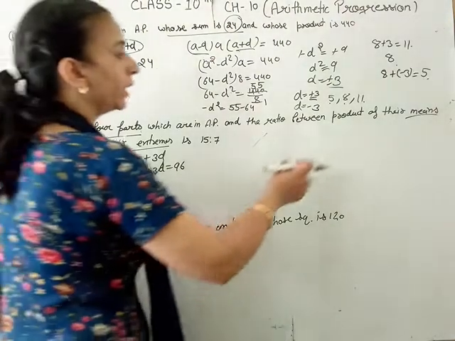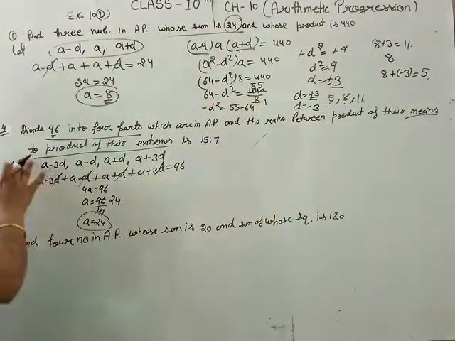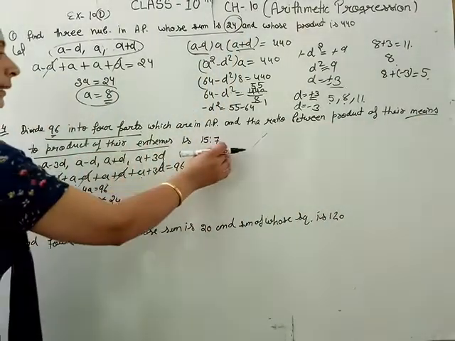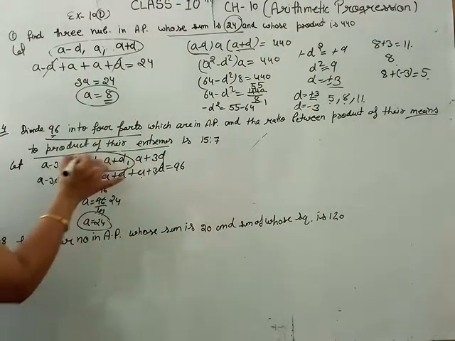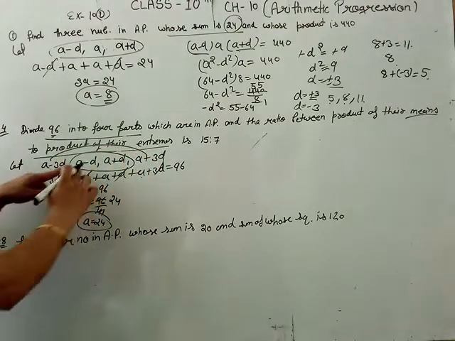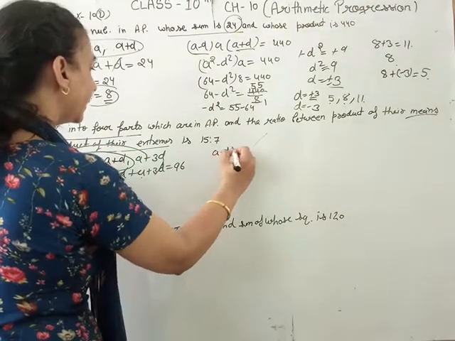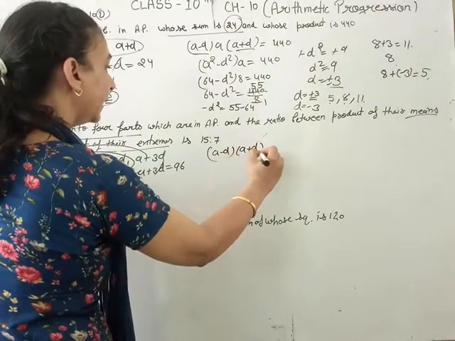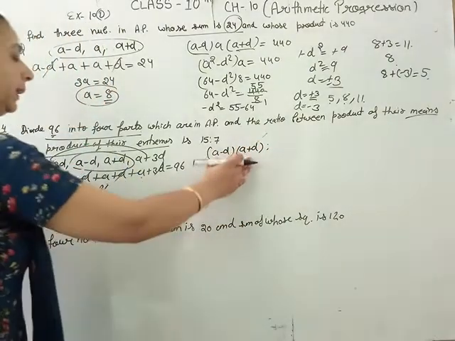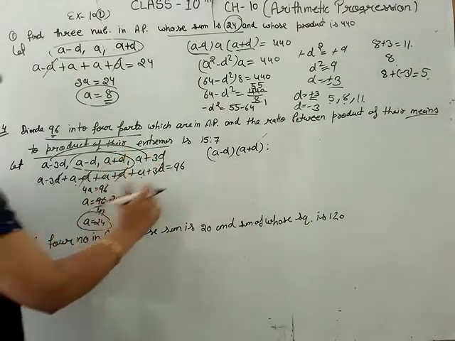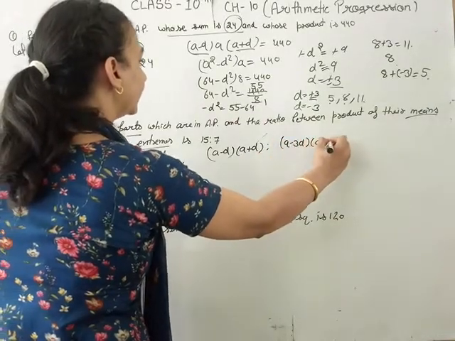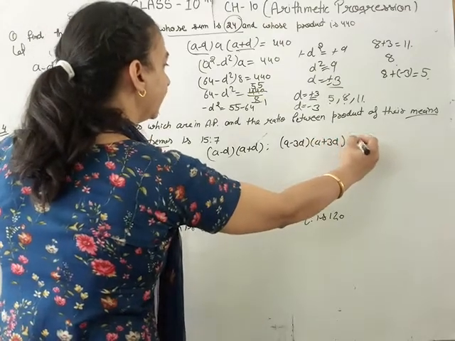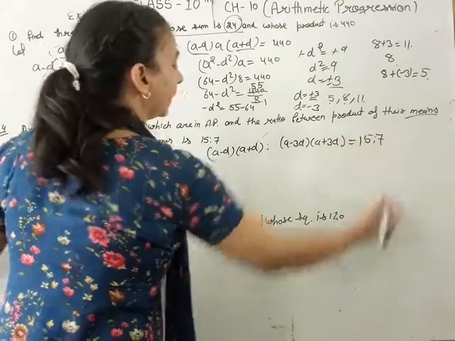Next, according to the condition, the ratio of the product of their means and the product of their extremes is given. These two are the means and these two terms are the extremes. Then the product of A minus D and A plus D, over the product of A minus 3D and A plus 3D, and the ratio is given as 15:7.